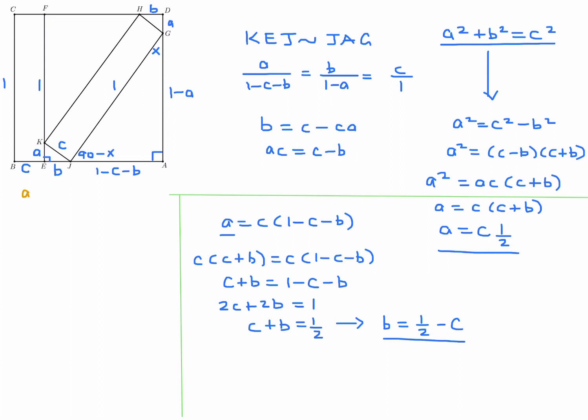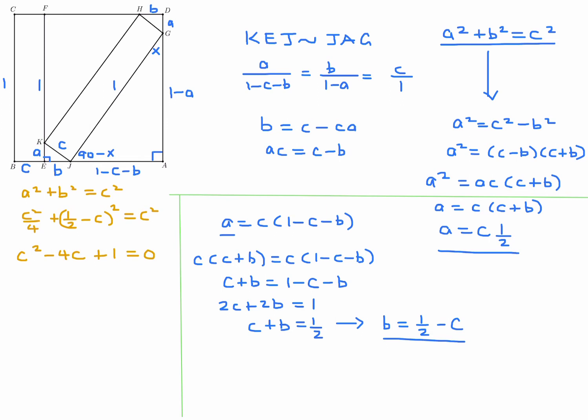So A squared plus B squared is equal to C squared. A squared is going to be C squared over 4. B squared is going to be 1/2 minus C all squared, and this is C squared. When you simplify this whole thing, you expand it all out and collect like terms, you get C squared minus 4C plus 1 is equal to 0.